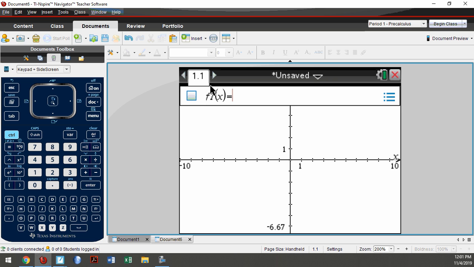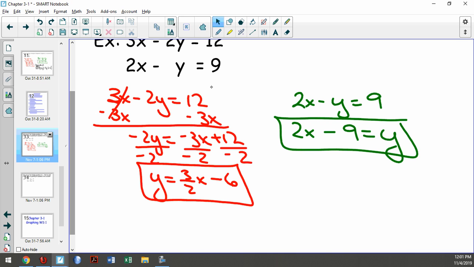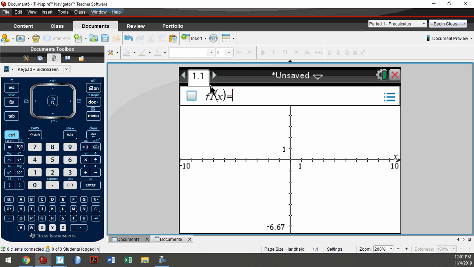Do you notice it says f1 of x? f1 is the same thing as y equals. You with me? So what was my first equation that I have to graph? The top one. What was the top equation that we graphed? So we're graphing 3 over 2x minus 6.